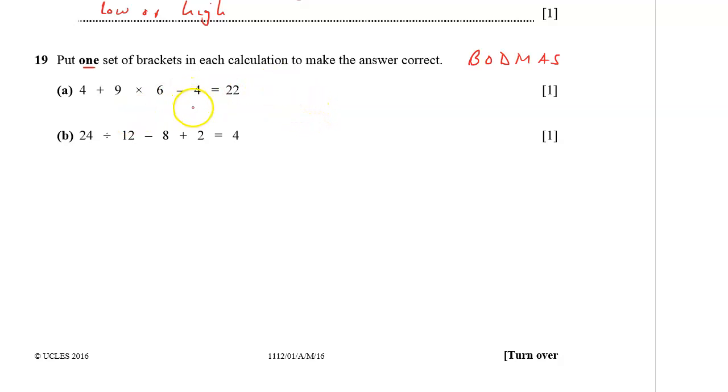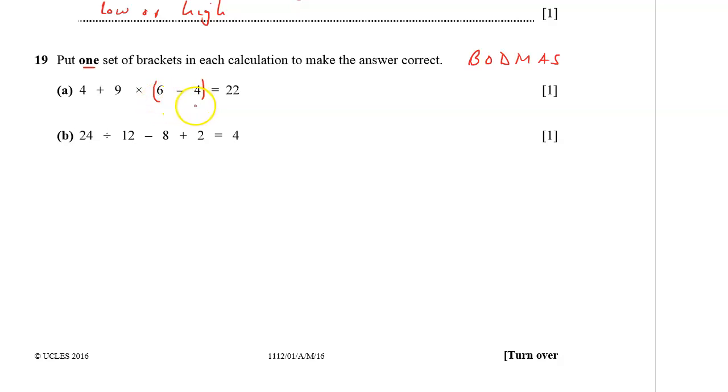Where do you need the brackets to be? Without the brackets, you need to do multiplication first. When you multiply this and this first, you get 54. Then you add 4, you get 58. Then you minus 4, you get 54. So it's not equal to this. So to get this one correct, I would like to put brackets here.